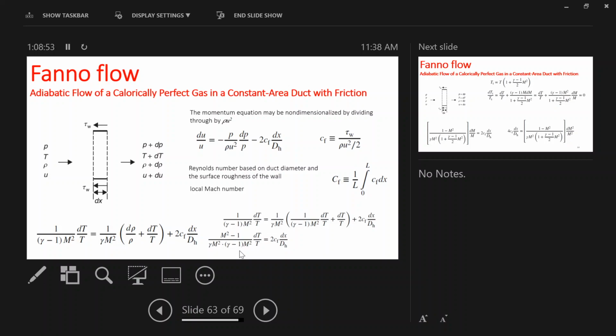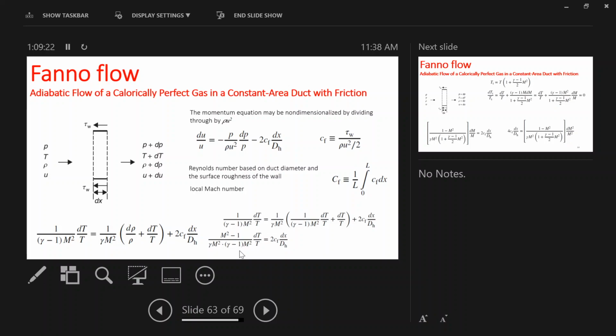So let's say I want you to find the total friction coefficient, right? What should we do here? Take the integral. Simple. Just take the integral here. This term will give you the CF, the large CF. Then the hydraulic diameter is constant because it's a constant area duct, right?